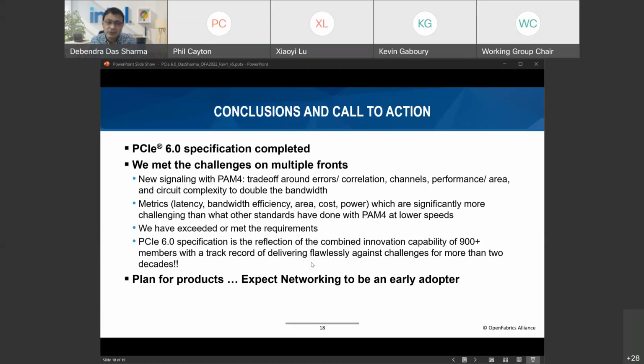And hundreds of lanes, right? So we had to do things to meet those needs. And as you saw in the table, we did. And I do expect, by the way, networking to be one of the early adopters, right? So as we go from 400 to 800, 800 will need PCIe Gen 6. So, any questions?